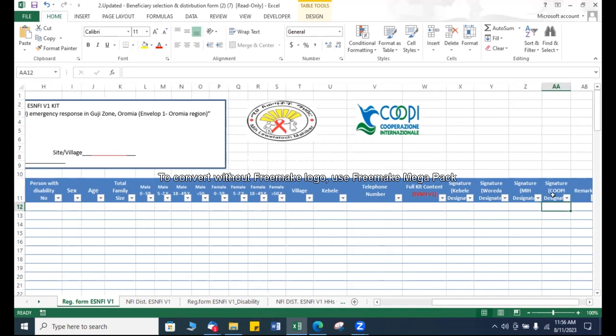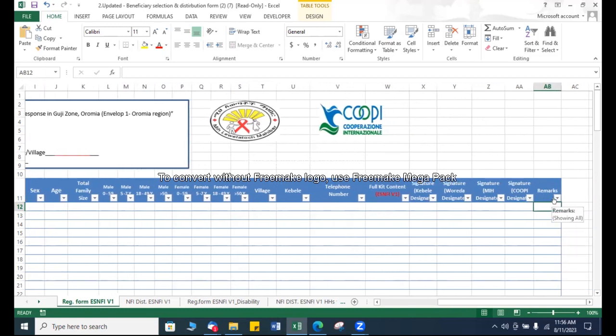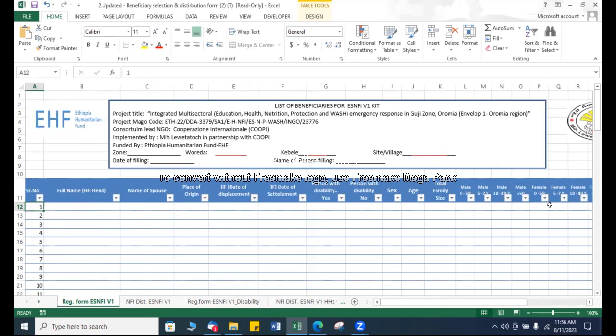Then the COOPI staff or designate signature also has to be put there. Then finally, if there are any remarks, you can put your remarks in the final section. This is a slightly updated beneficiary registration template, and it has to be used for every activity we have in COOPI Ethiopia.